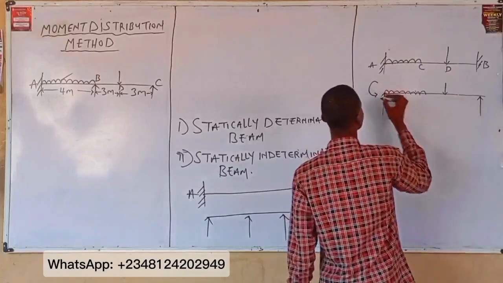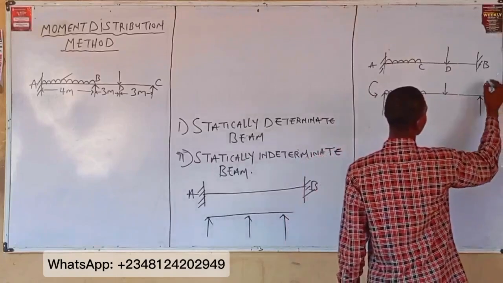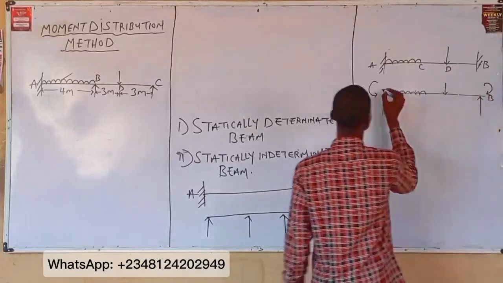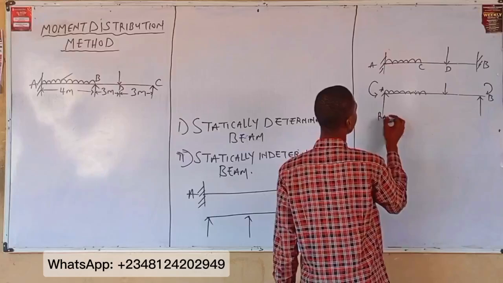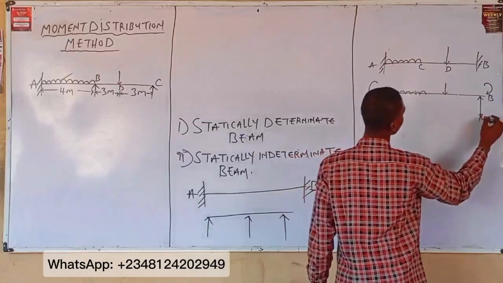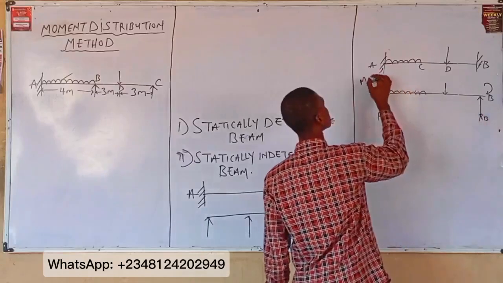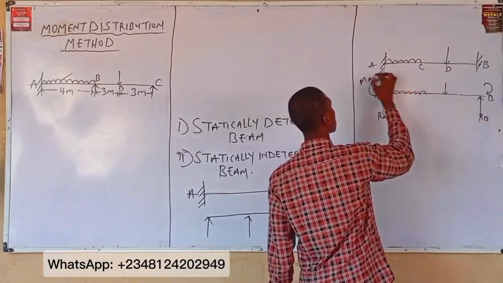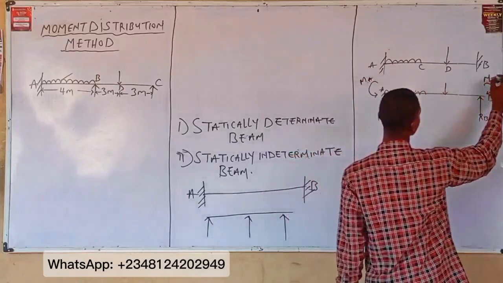I have a moment at this point. This is A, this is B, call this RA, call this RB, call this moment about point A, and this moment about point B.